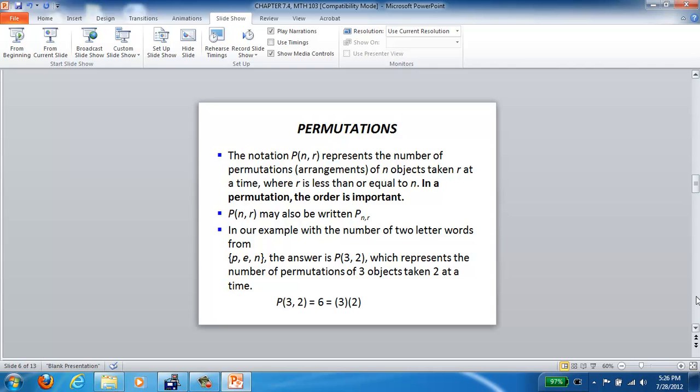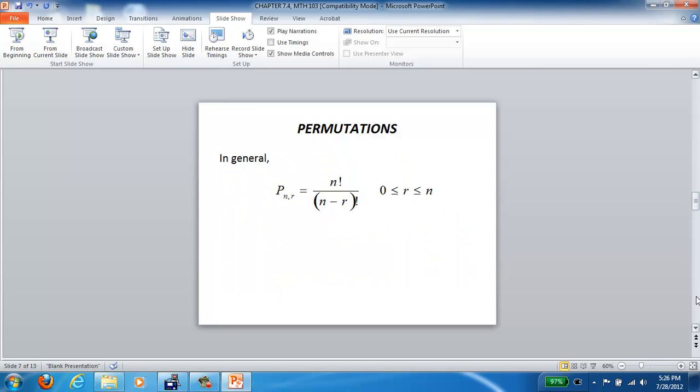This is some information about permutations. We write it as P(n, r). N is the number of objects, and r is the number of arrangements. And this is the formula that we have to use. However, we will use again the graphing calculator.